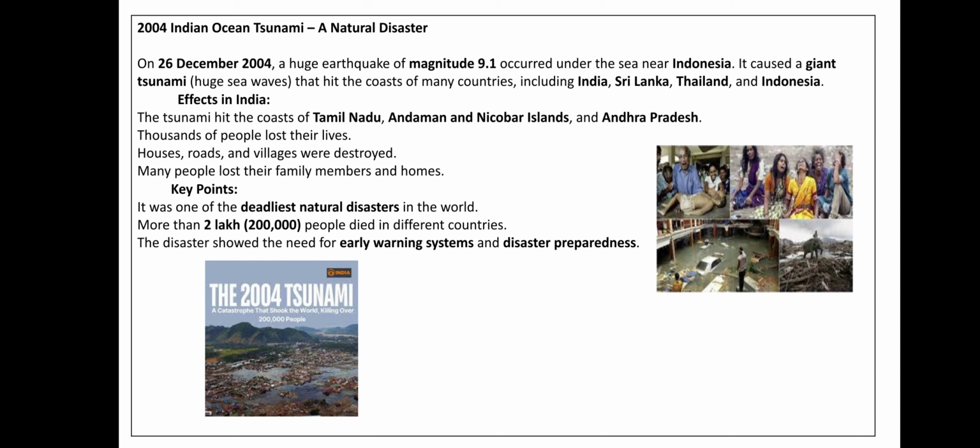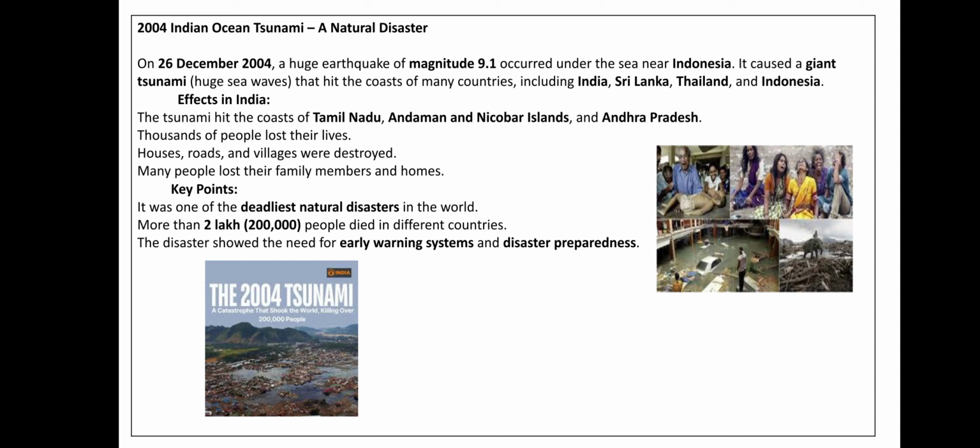But if its magnitude rises above 6, like 7 or 8, it becomes dangerous, hazardous. If it is above 8 and 9, it is too hazardous, not manageable, not controllable. It definitely causes huge loss to human life and infrastructure. So this huge magnitude of 9.1 occurred under the sea near Indonesia. It caused a giant tsunami that hit the coasts of many countries including India, Sri Lanka, Thailand, Indonesia.